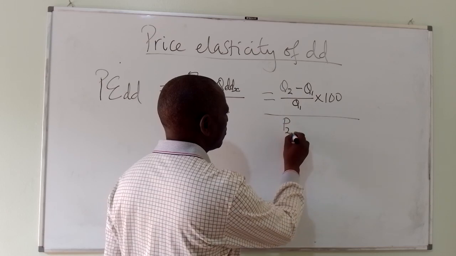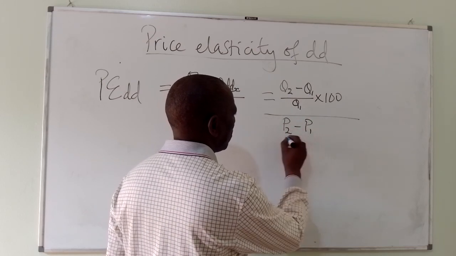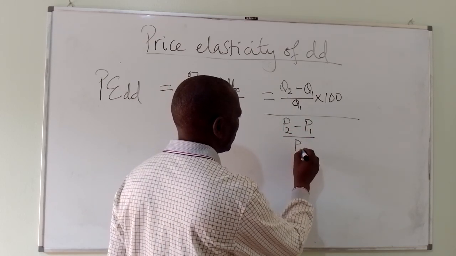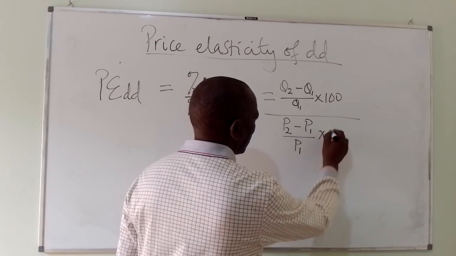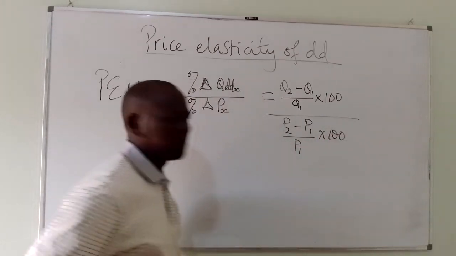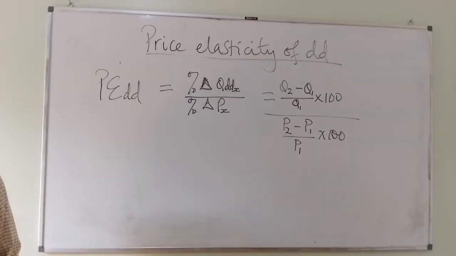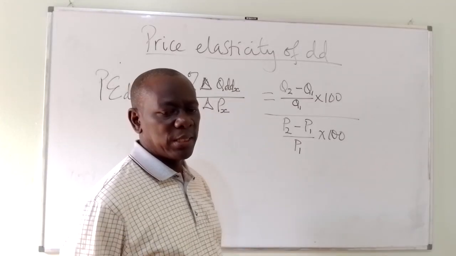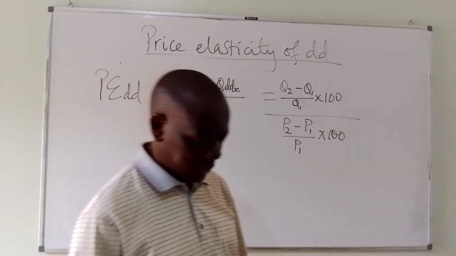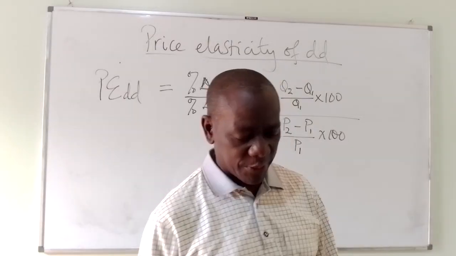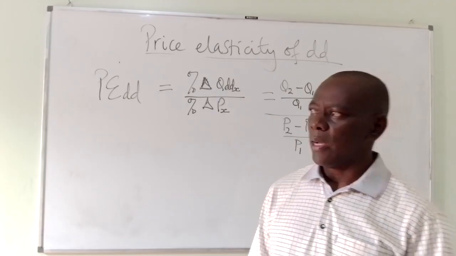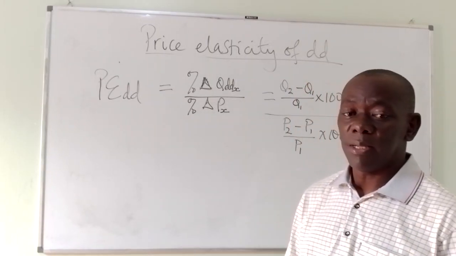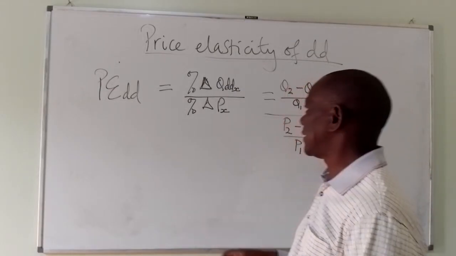It is P2 minus P1 over P1 times 100. That is the formula that we have to use to calculate the percentage change, or the degree of responsiveness of our product, that is the elasticity.